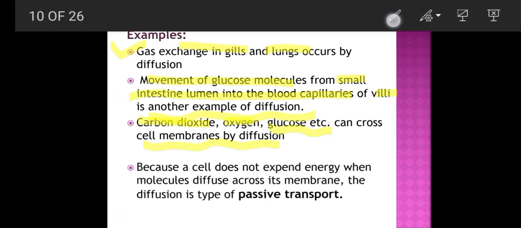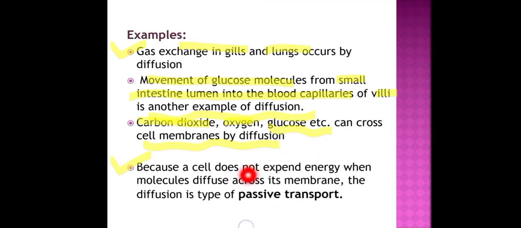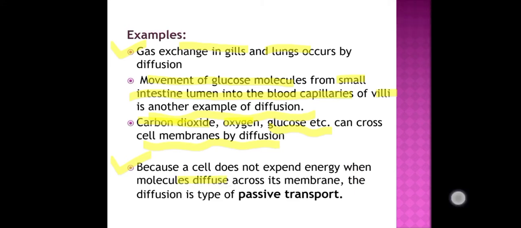So here is an important concept that a cell does not expend energy when molecules diffuse across its membranes. In diffusion, movement occurs from an area of higher concentration to an area of lower concentration, and the cell doesn't expend energy.